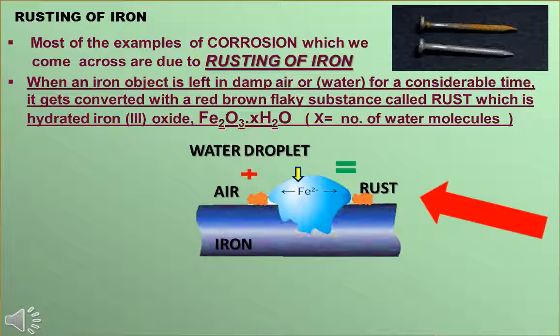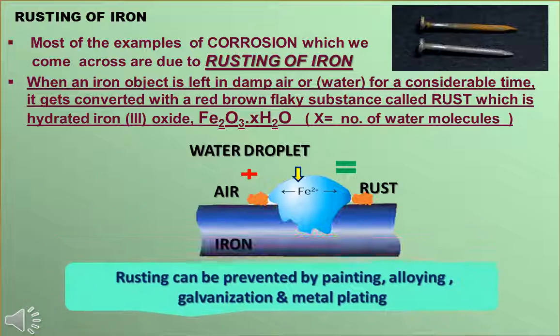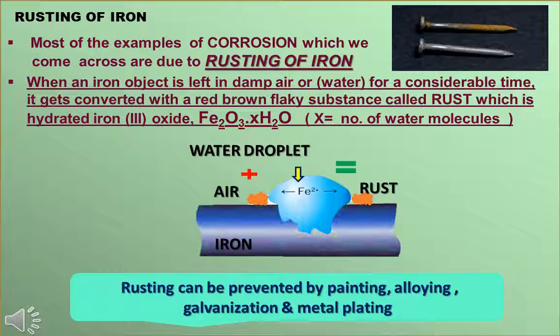Chemically, rust is Fe2O3.xH2O, where x is the number of water molecules. But yes, rusting can be prevented. It can be prevented by painting, alloying, galvanization and metal paint.